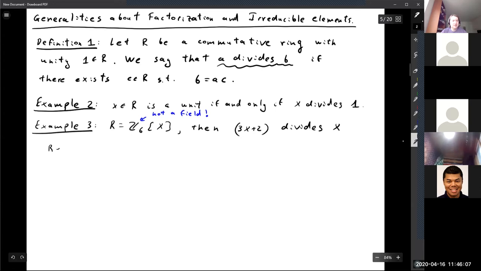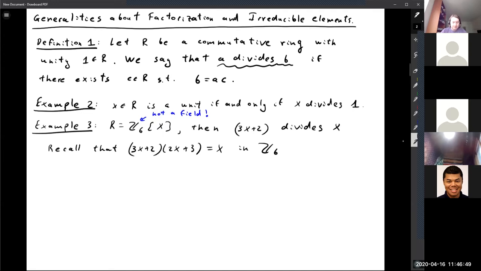Recall from one of the lectures that 3x plus 2 multiplied by 2x plus 3 is equal to x in Z6. So according to our definition, 3x plus 2 divides x here. This is just to remark why our basic intuition works better for polynomials over a field, right?